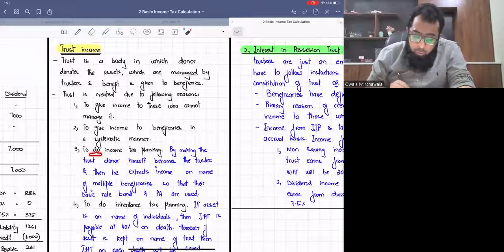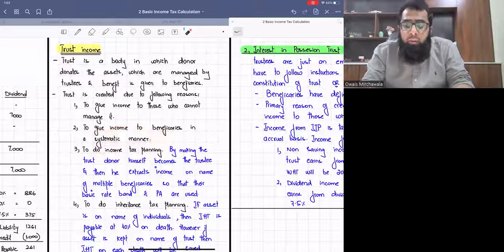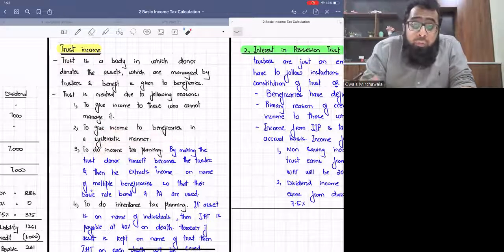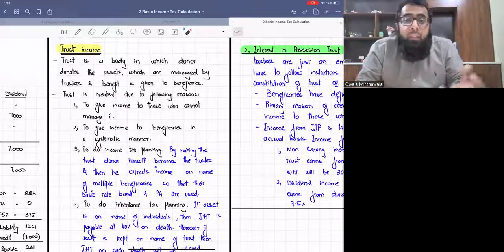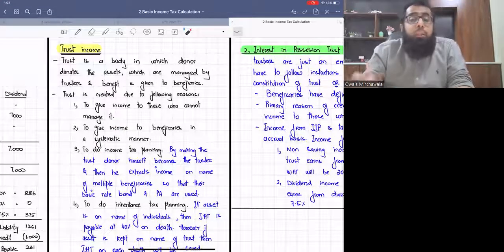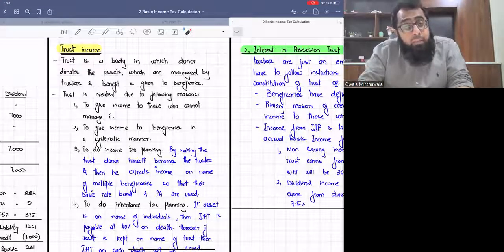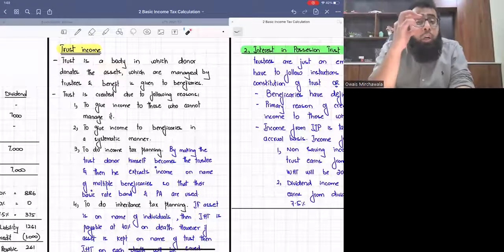Or maybe you want to give income to beneficiaries in a systematic manner. For example, if he thinks that beneficiaries will not use the income in a systematic manner, he can make a trust and ask the trustees to give them a certain amount every month. So what is a trust?